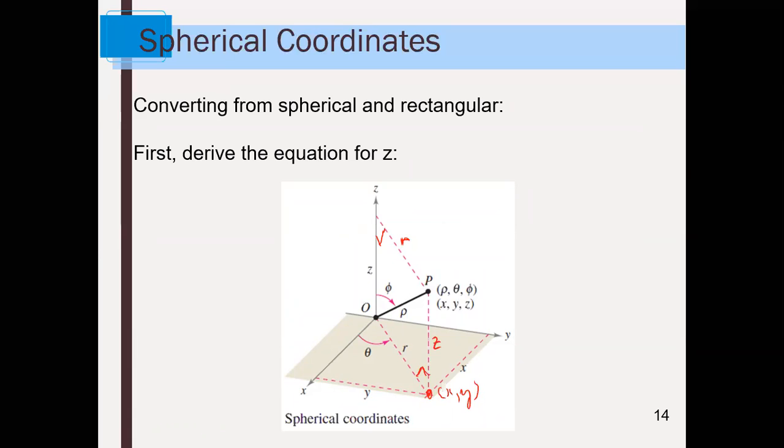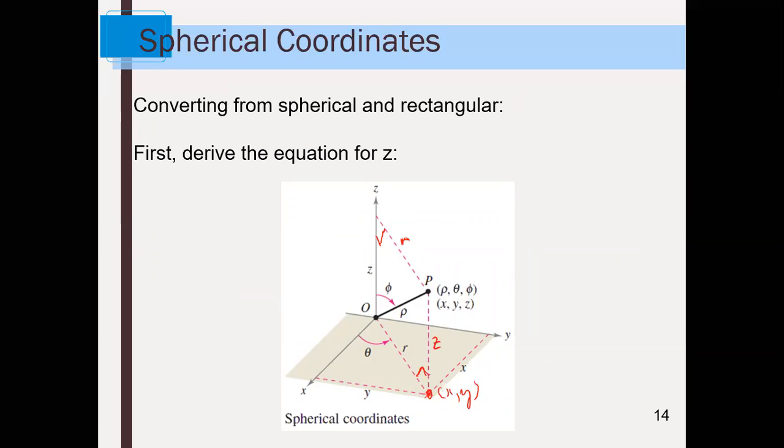Can I write z in terms of rho and phi? Yes, I can use some trig. What trig function would be most helpful in this case? Cosine, because I have the adjacent side and the hypotenuse.